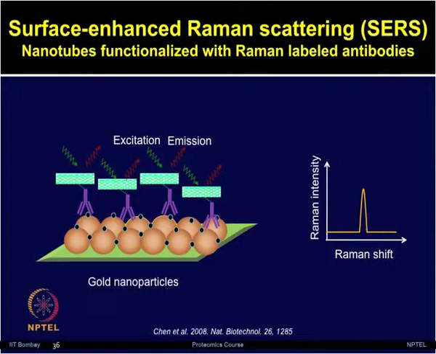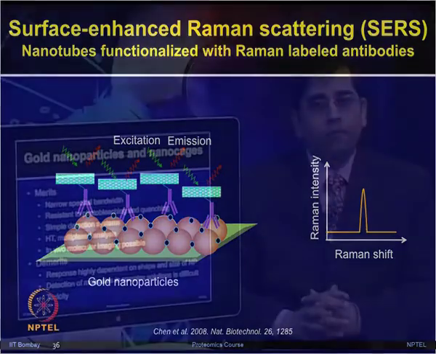As shown here in this slide, these are gold nanoparticles which are functionalized with the Raman labeled antibodies. Now, on the right hand side, the graph shows the change in the Raman intensity due to the binding effect.